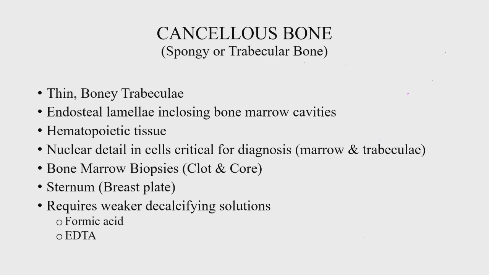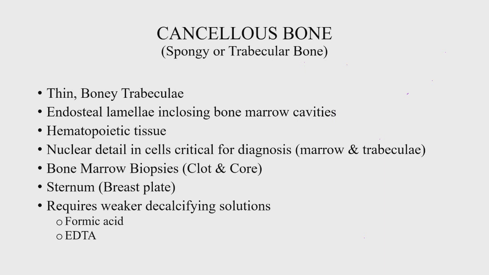But the clot would require a lot more processing time, and quite often, until this problem was corrected, we had to go back and reprocess the clot because it was on a cycle more intended for the core. The bone marrow core is still bone, but it's a very delicate and very thin bone matrix.